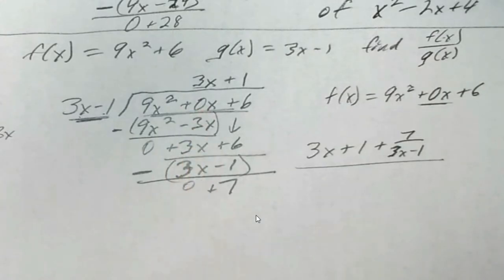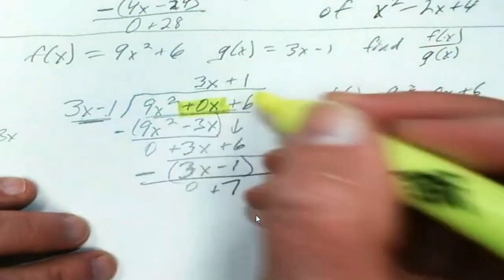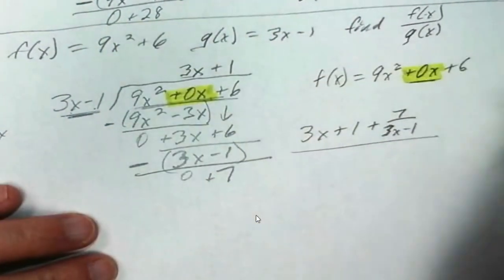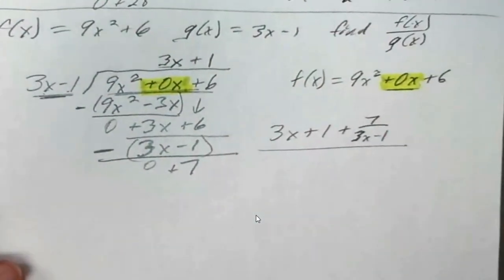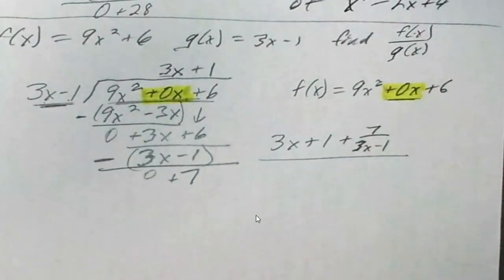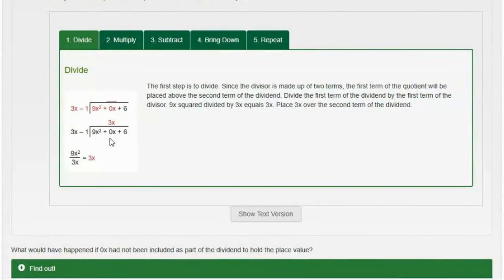But the big part of this one is we have to make sure to account for every term, whether it's written or not. Whether it's written or not, it's there. It's a 0, and we have to account for that when we divide. So they talk about that. You add that 0x in there. Then they go through the steps.